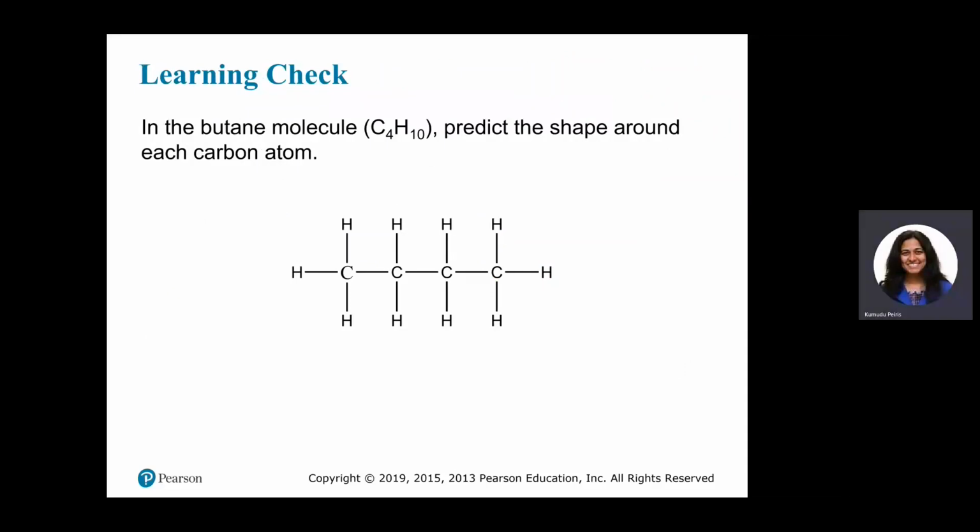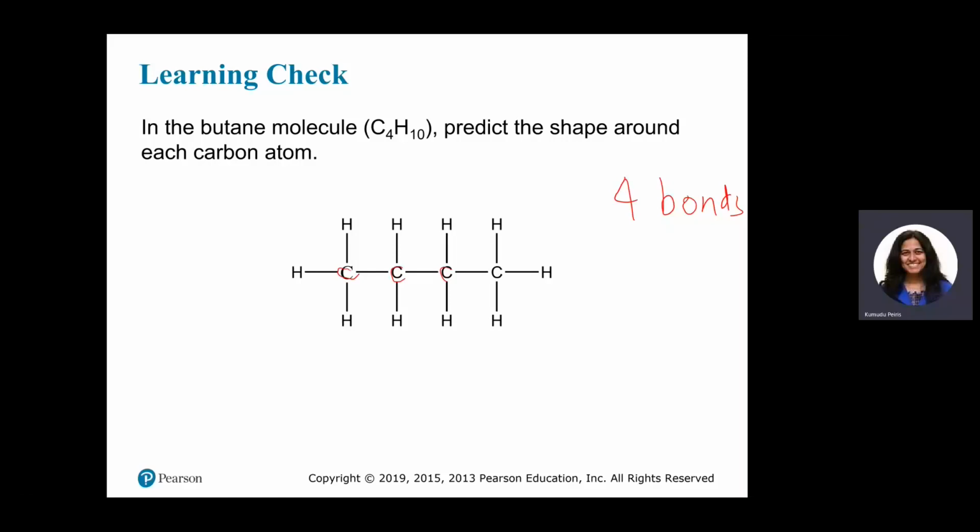So here is a learning check. In the butane molecule, predict the shape around each carbon. These are the carbons. Every carbon has 4 bonds around it. I know you have taken general chemistry, where you learned the molecular geometries, the shapes.